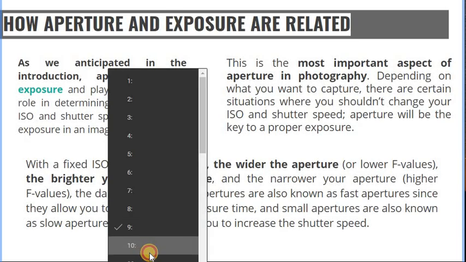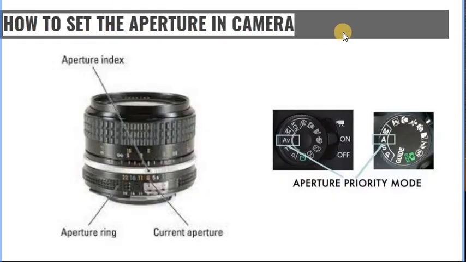Okay, next slide tayo. So, how to set an aperture in camera? Sometimes, using the aperture ring kapag manual mode, pwede mo namang gamitin ito. Kunwari, wala pa kayong DSLR, pwede naman sa mismong aperture ring. Or, even kapag sa DSLR, pwede ring i-adjust ang iyong aperture ring dyan sa ating lens.